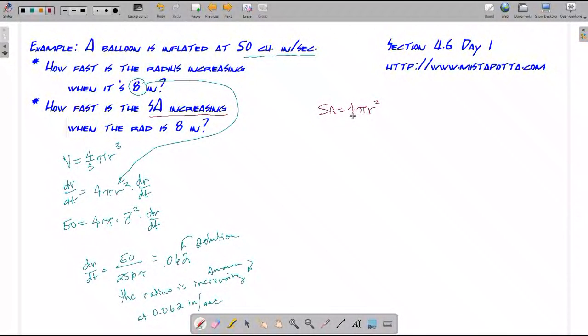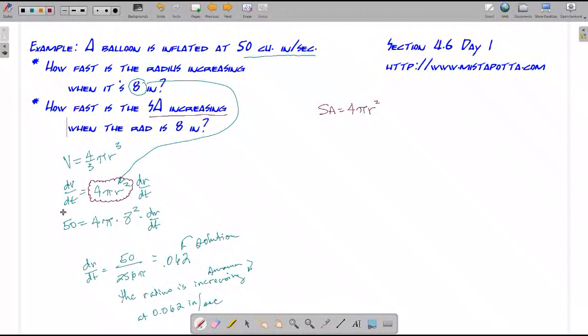And I mentioned that we would talk about this because this looks very familiar. The thing is, if my volume is changing, where does it change? It can't change at the center of a sphere. It's got to change at the surface of a sphere.